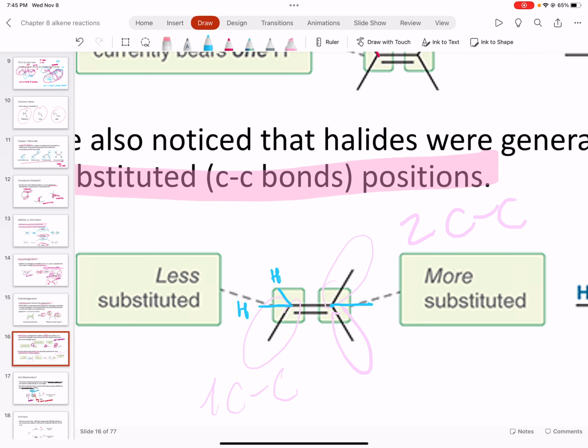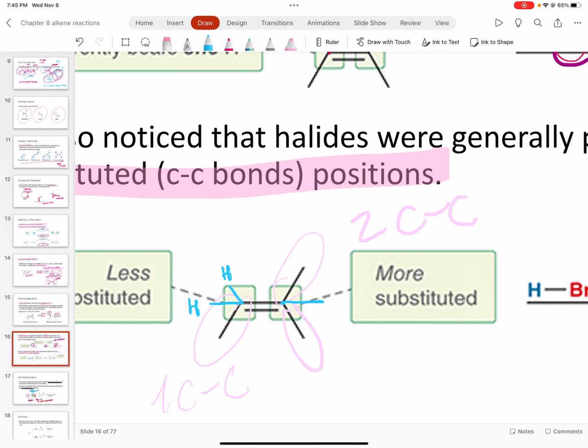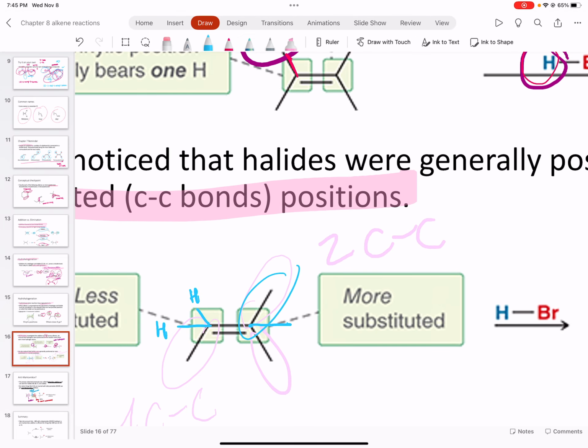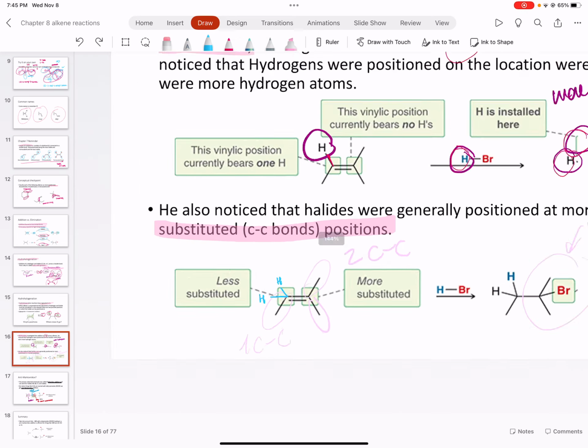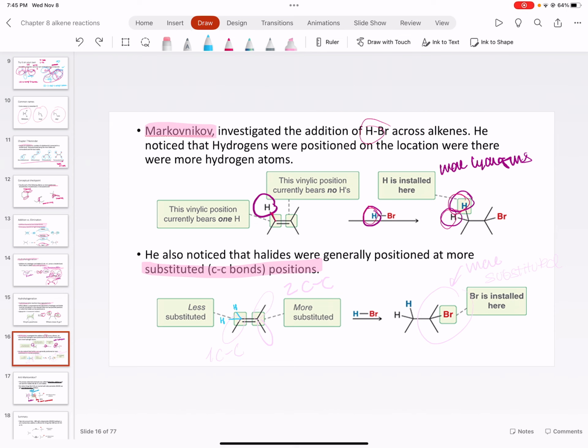While in here, I have more carbon-carbon bonds, a total of 2 carbon-carbon bonds. We said that my halide is going to want to go to the position that has more carbon-carbon bonds. That's why my bromine ends up going to the right side, which is more substituted than the left side.